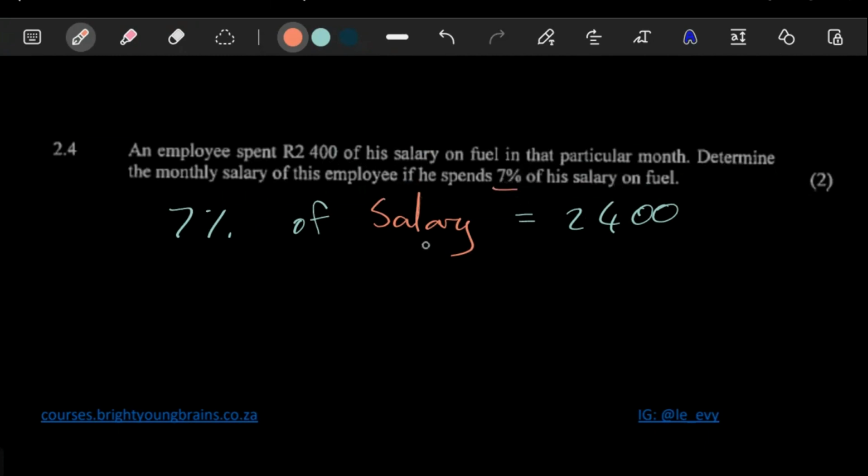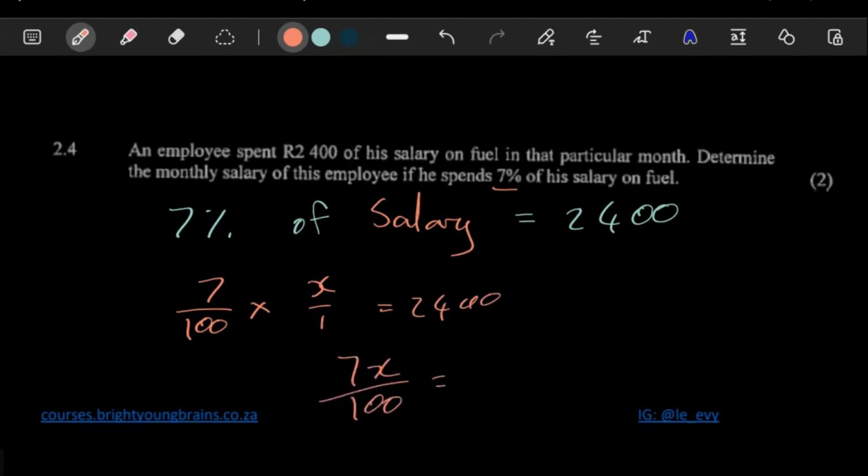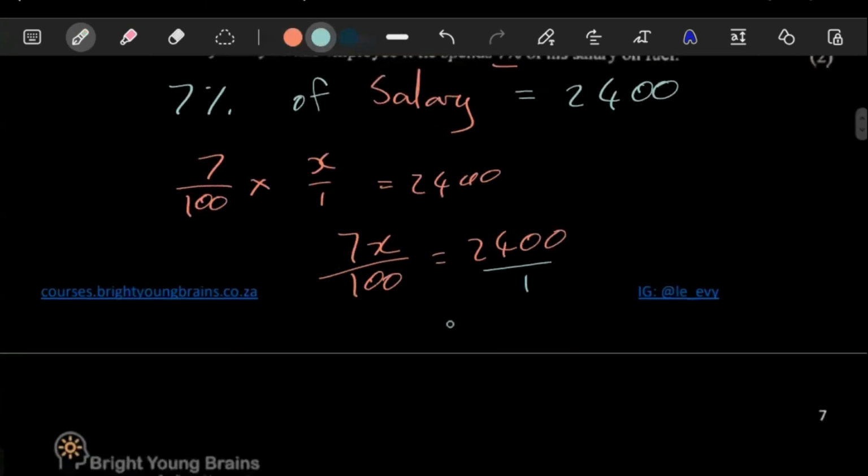So 7% of the salary is equal to the fuel. Of means times. So this is going to be 7 over 100 times an amount that we don't know, equal to 2,400. This is going to give you 7x over 100 equals 2,400. Here, we're going to need to cross multiply. So 100 times this is 240,000.